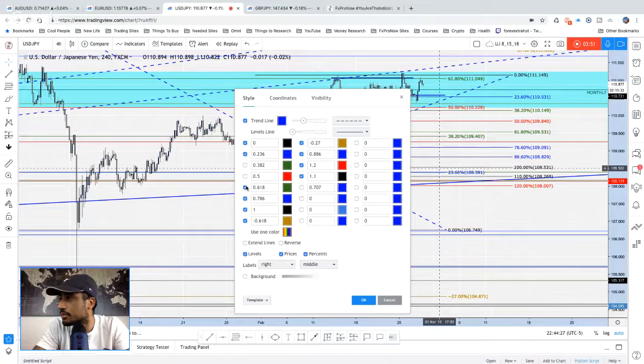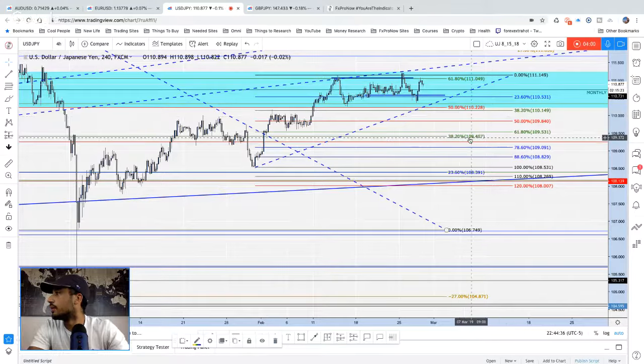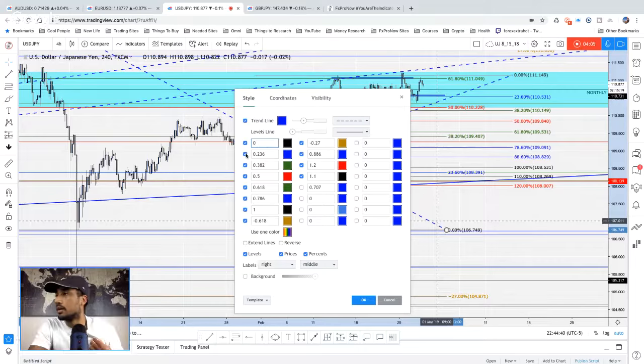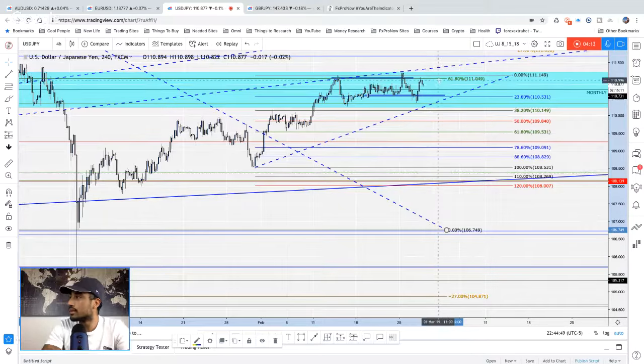Boom. What the heck? Where'd it go? All right. I don't want this to show, and I don't want 50% to show. So we have the 61.8.